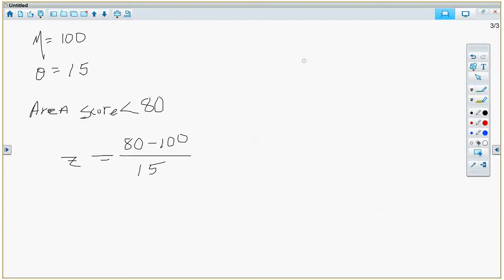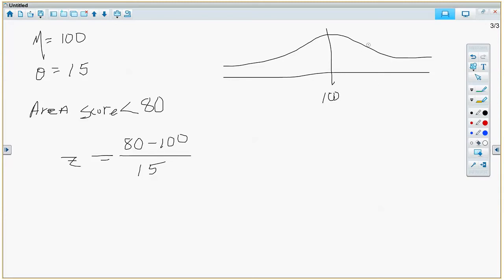Well, that's 100, 115, 130, what is this, 80?